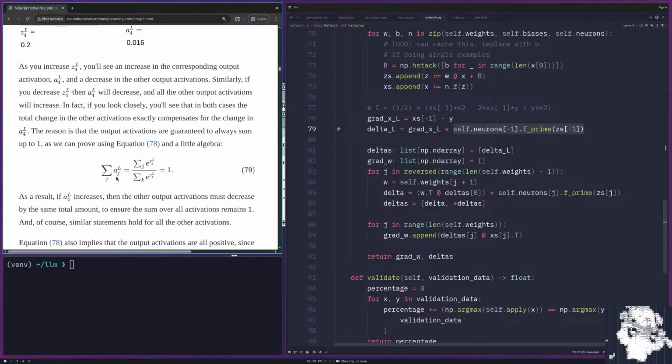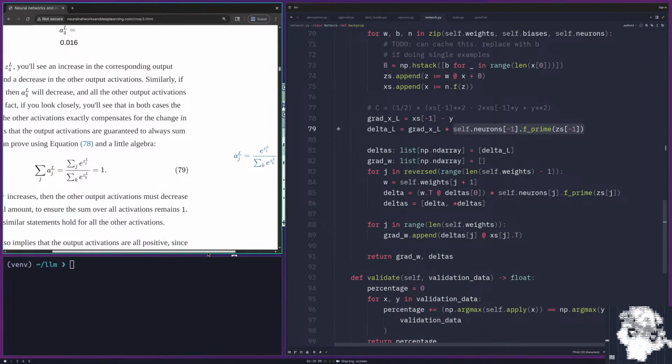The sum over the A_j's is equal to, here, let's open up equation 78. The value of A_j is equal to e to the z_j divided by the sum of e to the z of everything, including j.